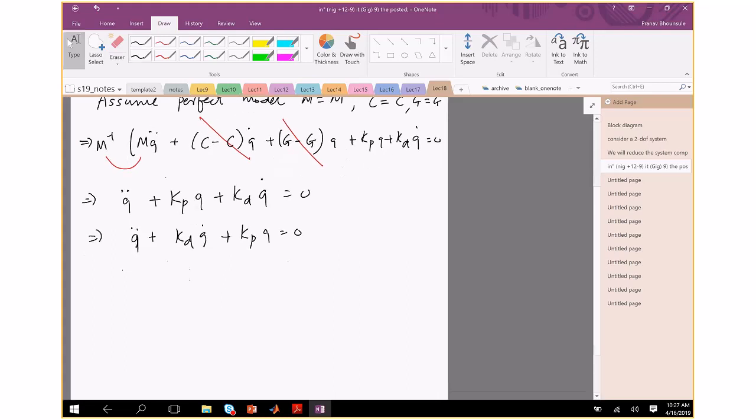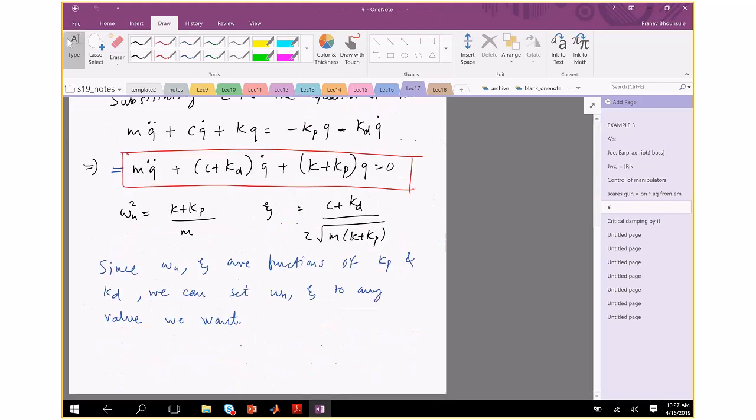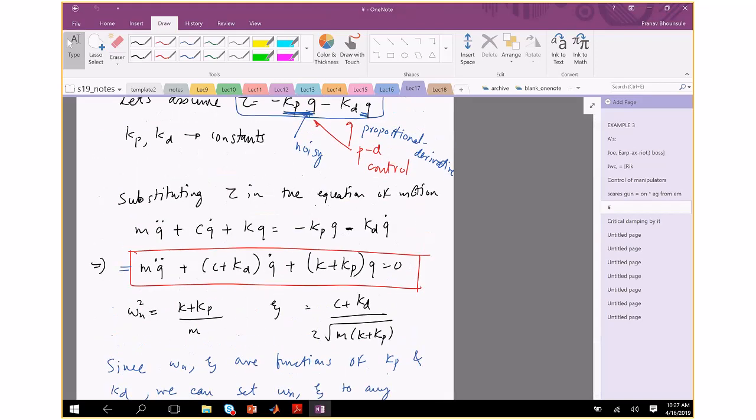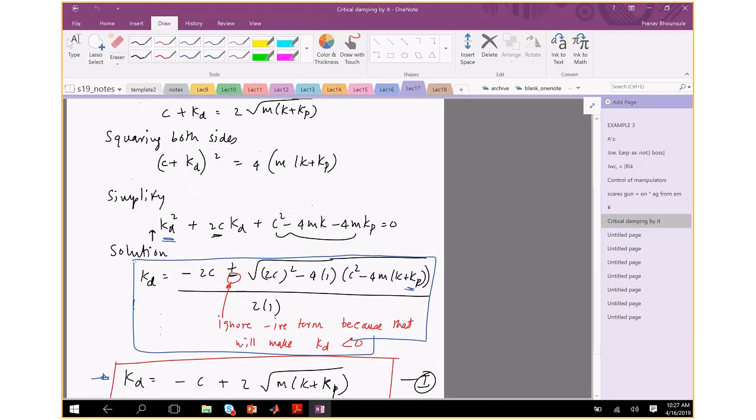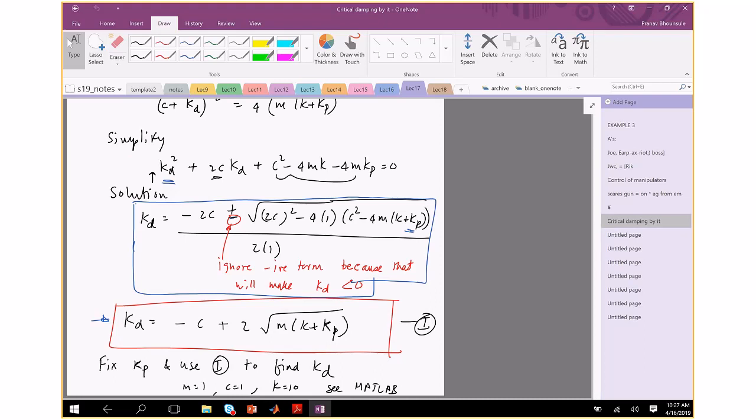So now we use the same trick we did in the last part of last class. I wrote down this formula for K_D as a function of C and M. This is for a 1 degree of freedom system where M is the mass, C is the damping. So let me copy that first.